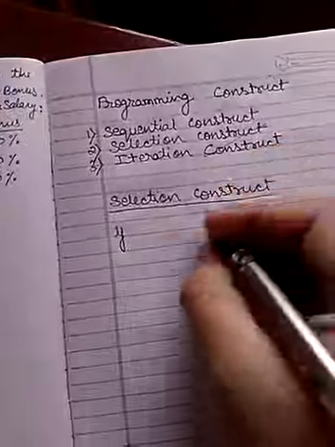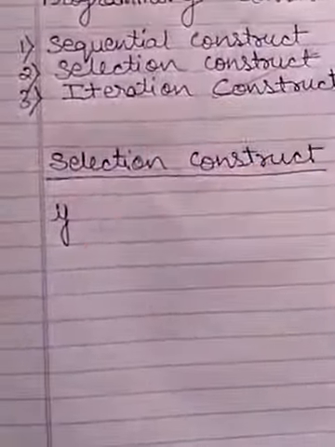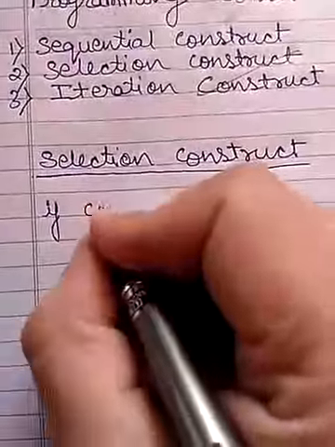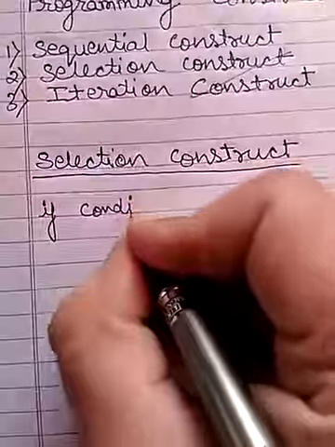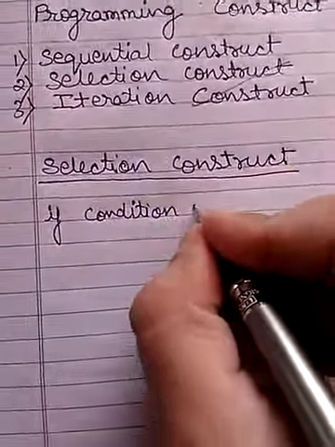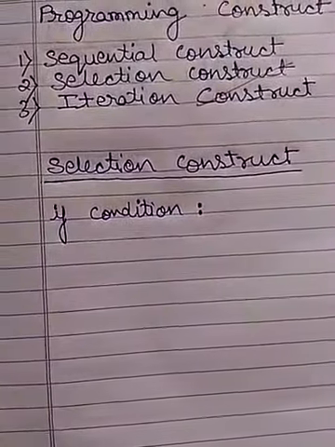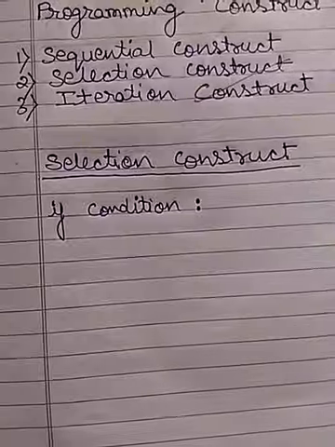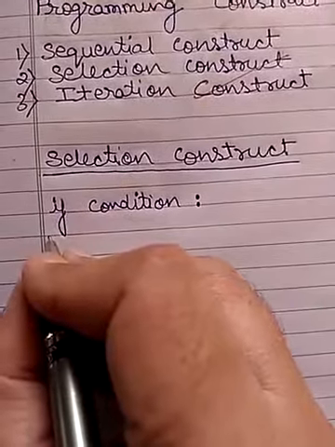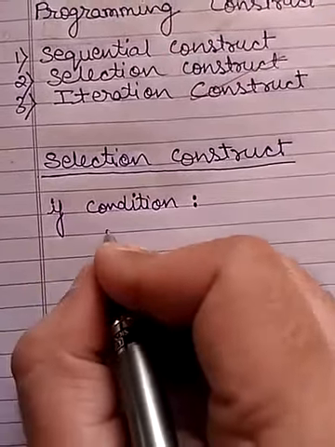If, after that you have to write the condition, and after that here it is colon. After that whatever statement you want to write, that should be in the indenting of 4 space, after leaving 1 2 3 4.